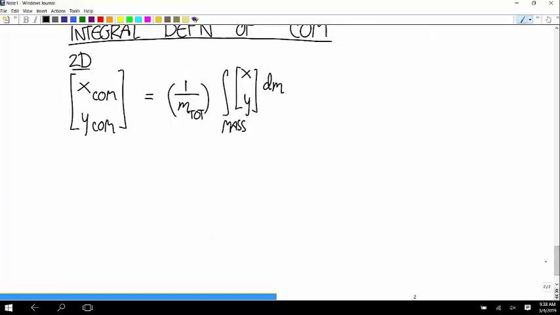And in 3D, everything's the same except now you have a z component too.